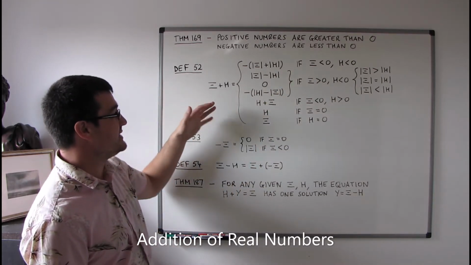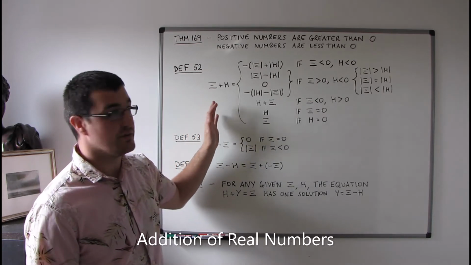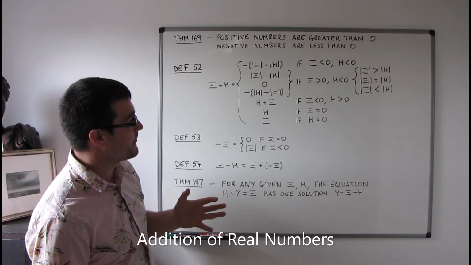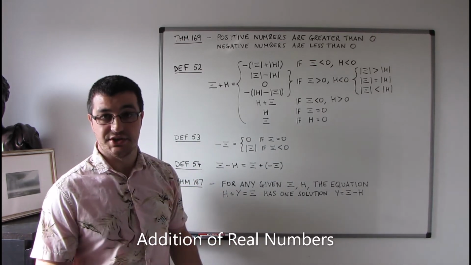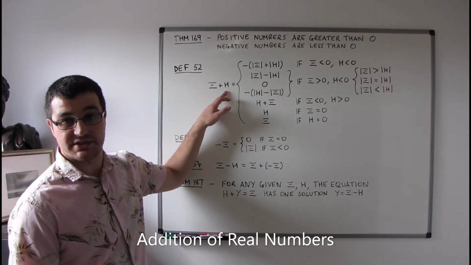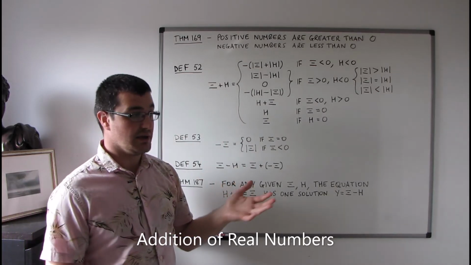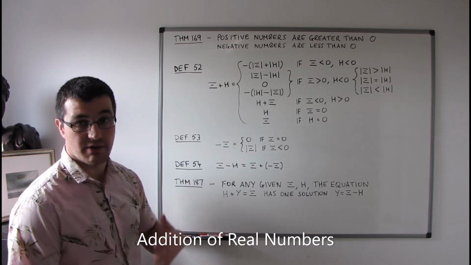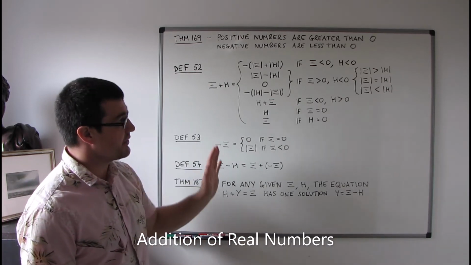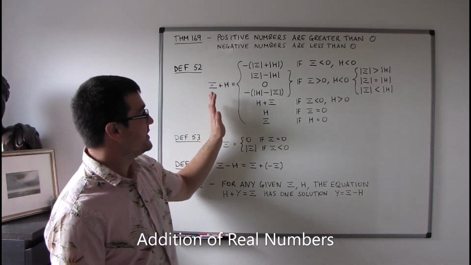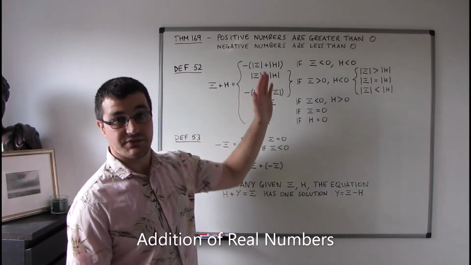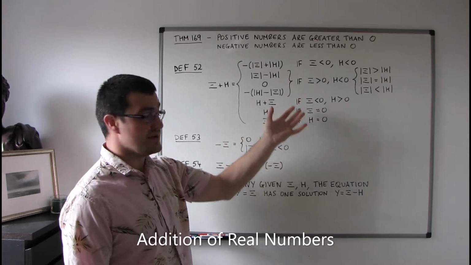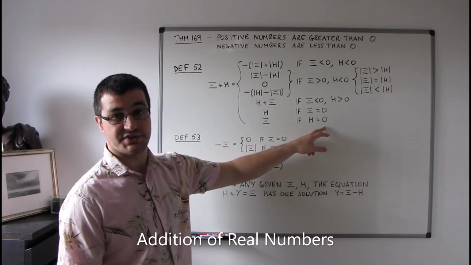Definition 52 is addition of real numbers in general. Now we've already got a definition for addition in the case where the two numbers are positive. It amounts to what happens with cuts. So going back to the section on cuts, we've already got that dealt with. So this defines addition for all of the other possible cases when we've got at least one negative number involved, or when we've got 0 involved.